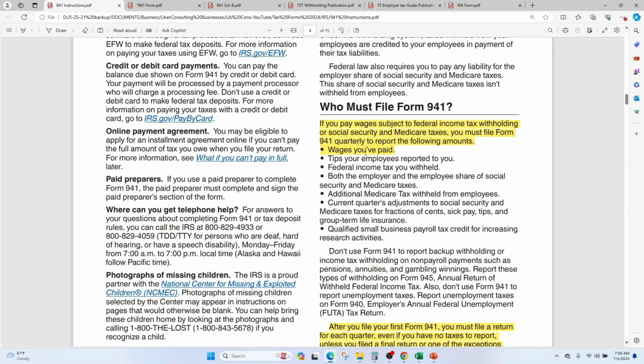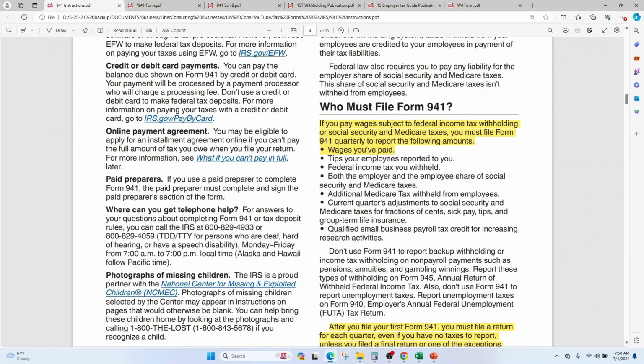Pretty much just like the way we did it, you will report the wages you pay for that quarter, the federal income tax withheld during that quarter, the Social Security tax, employee and employer portion for that quarter, the Medicare tax, employee and employer for that quarter, the deposits you made during that quarter, and whether you owe money or you are due a refund. So those things will go on the Form 941.